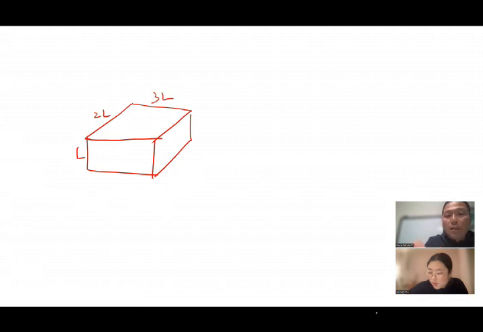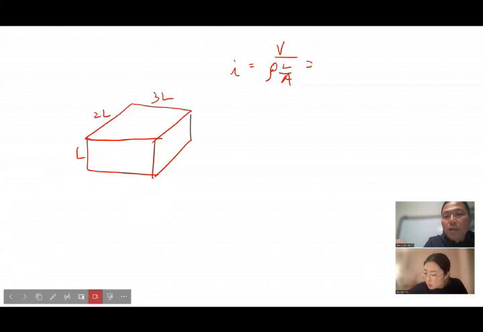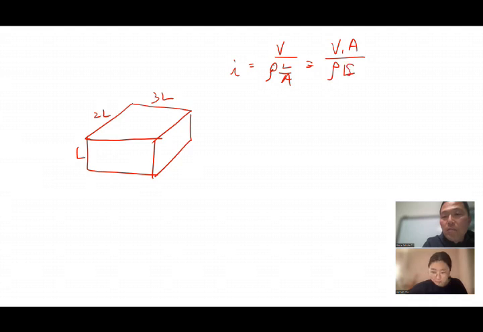So now, as I said, the current is V over rho L times A, that is V times A over rho L, where L is actually, let's just change that to S. S could be L, 2L, and 3L.